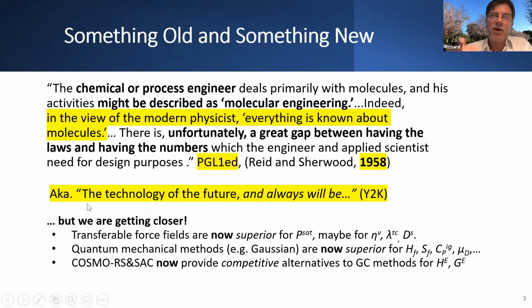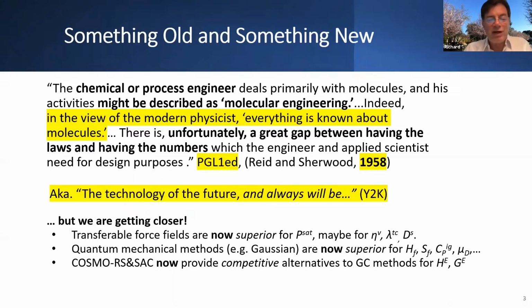And around about Y2K, the year 2000, there were a lot of people who were saying, computers have come so far, this is it. By the year 2020, all of those old-fashioned methods will be absolutely obsolete. And so a lot of people started investing in that technology in Y2K.